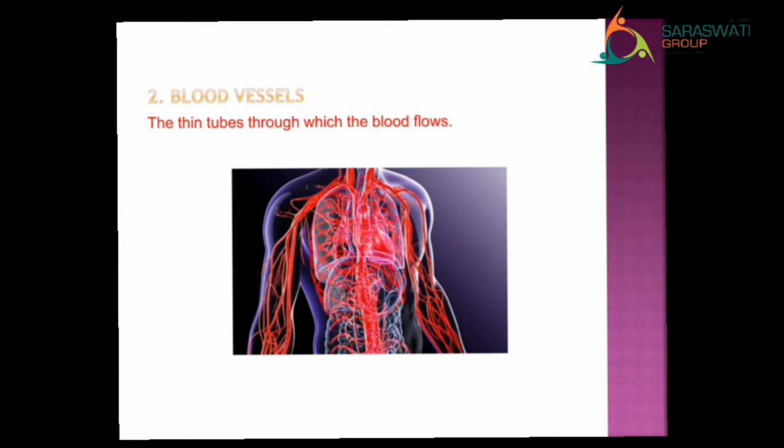Now kids, we know blood is red in color and it flows throughout the body. Now what is blood vessels? Kids, blood vessels are thin tubes through which the blood flows. The blood that flows in our body flows through blood vessels, right? It is a small vein-like structure through which blood flows in our body. Clear. Here I have shown blood vessels in the picture.